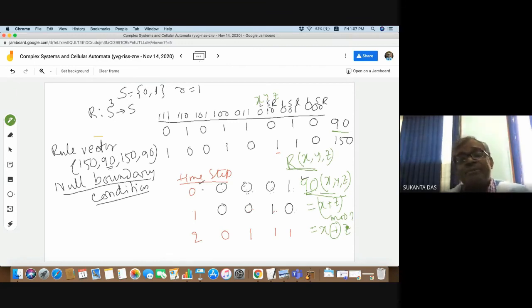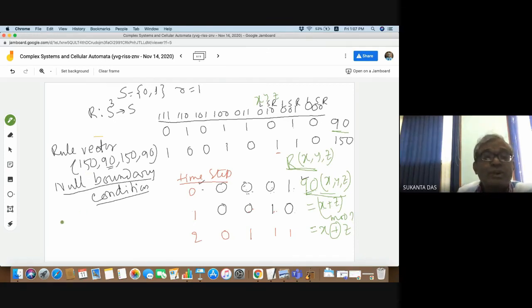So if you can represent a rule in this fashion in terms of XOR, then the rule is additive. So I am saying that if a rule can be expressed by XOR logic only, then it's linear. Here I'm able to express this one.